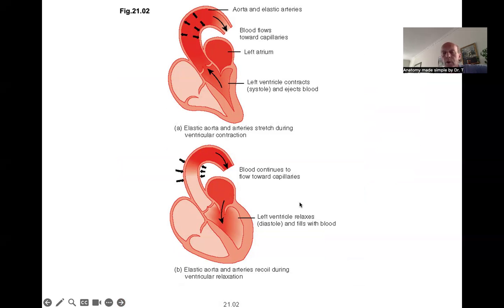To make sure that we are using proper and good quality terminology, we just need to expand things a little bit further. This diagram, very simply, is trying to illustrate what's happening with the heart during its contraction or systole, and then during its relaxation or diastole.